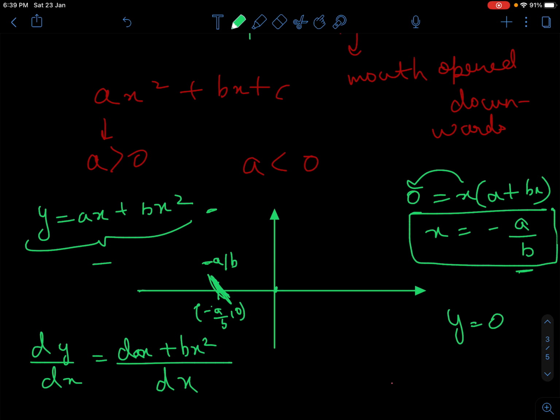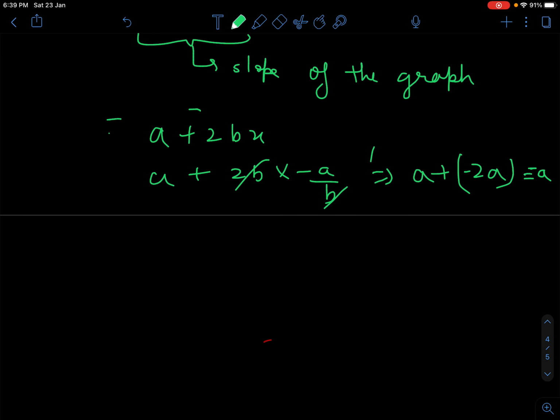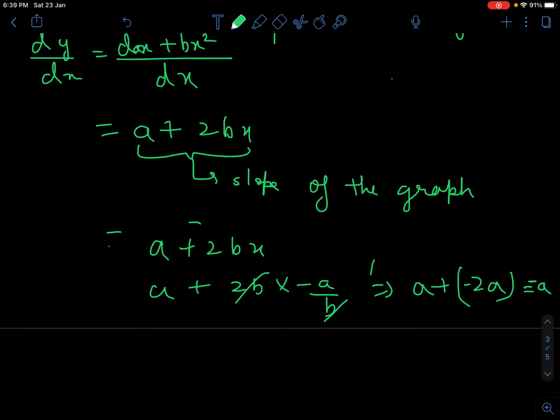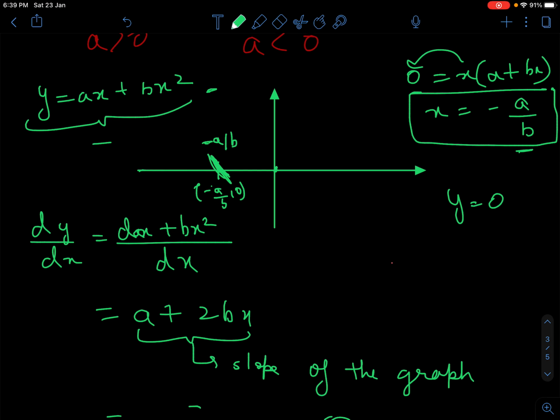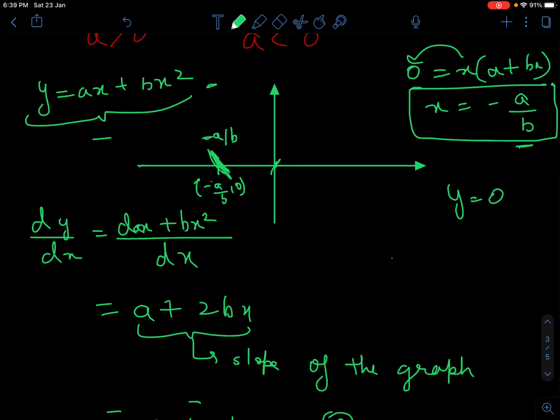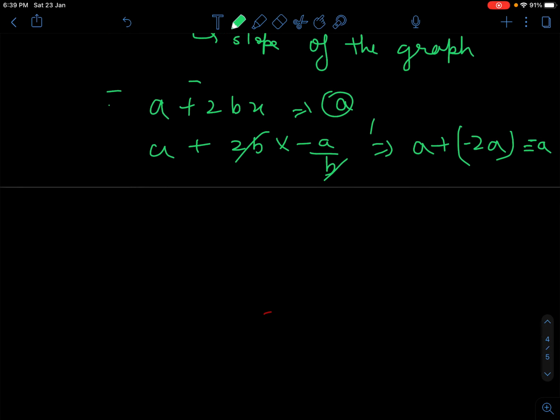And when we put x is equal to 0 in the slope, it becomes only a, so it will be positive. So it will form something like this. This is the graph of this equation. Correct. Moving forward.